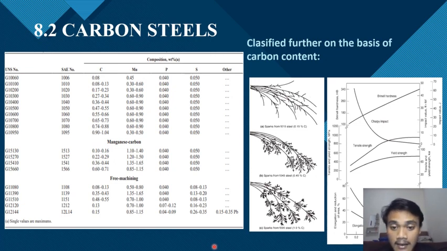And we can see in here, these are three types of sparks. This is up to 0.15% C. This is around 0.45%, and this is around 1.0%.